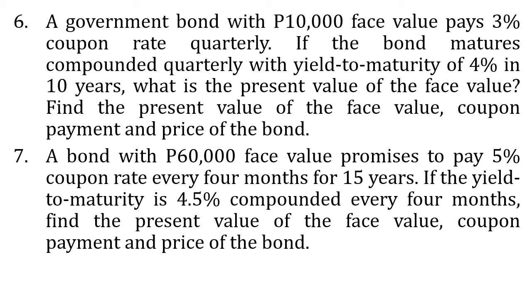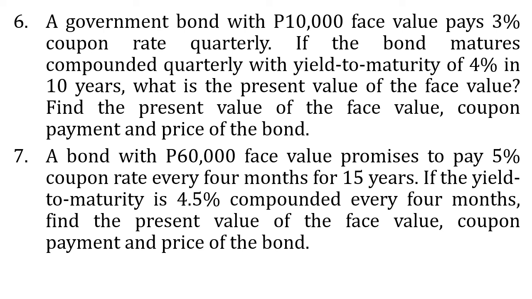Number 6, a government bond with 10,000 pesos face value pays 3% coupon rate quarterly. If the bond matures compounded quarterly with yield to maturity of 4% in 10 years, find the present value of the face value, coupon payment, and price of the bond.